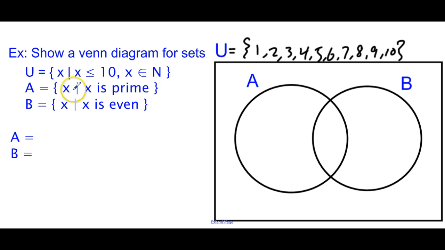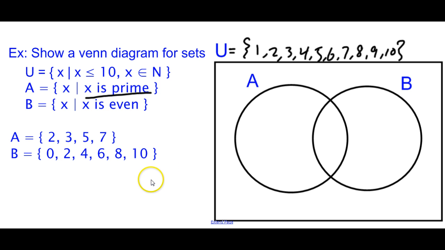A is only the prime numbers, which would be 2, 3, 5, and 7. B is only the even numbers, and that would be 2, 4, 6, 8, and 10. Sorry, 0 should not be in there. I'm going to cross this out, because a natural number does not go down to 0.